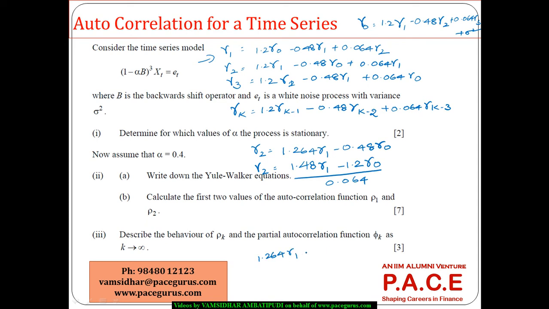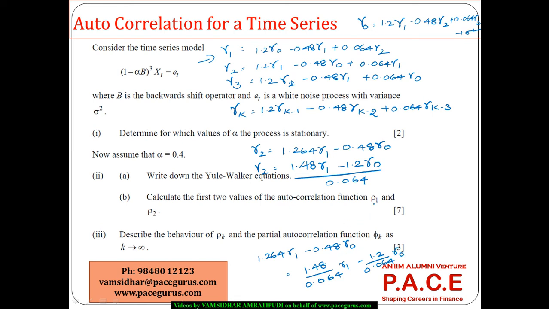1.264 gamma 1 minus 0.48 gamma 0 is equal to probably 1.48 by 0.064 gamma 1 minus 1.2 by 0.064 gamma 0.